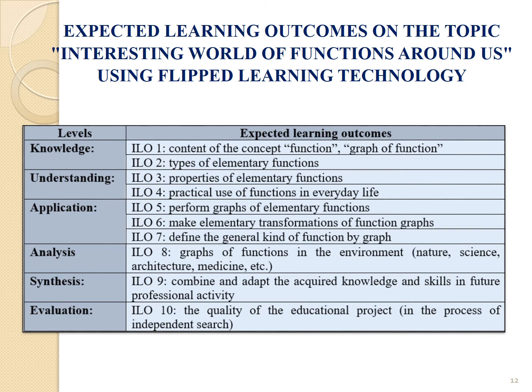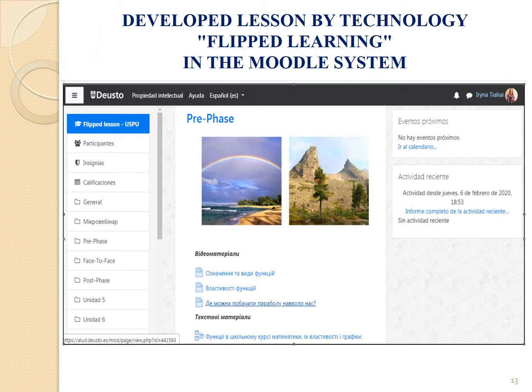According to Bloom's taxonomy, the result of the training was to obtain the following expected learning outcomes, which are shown in the slide. This form of work in higher education will promote the formation of general and professional competence in students.